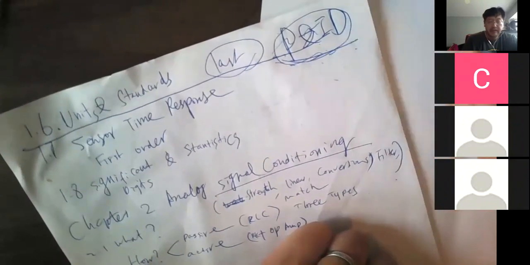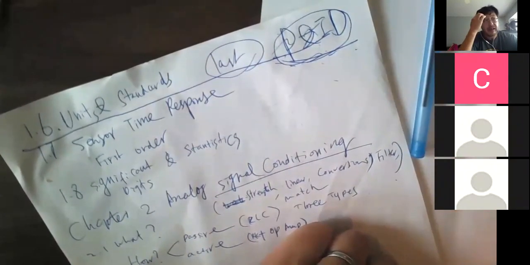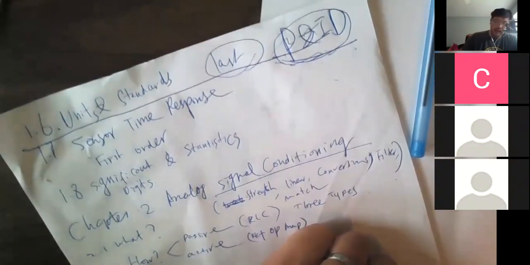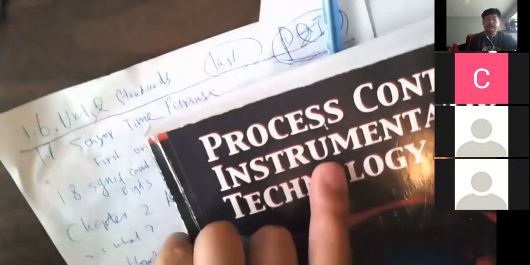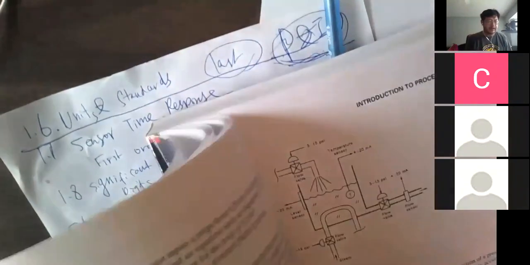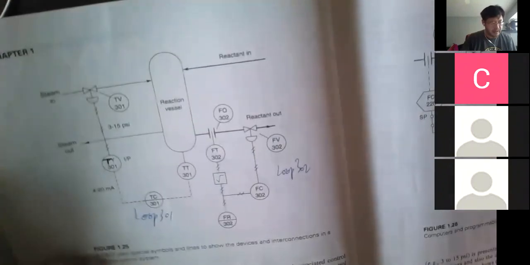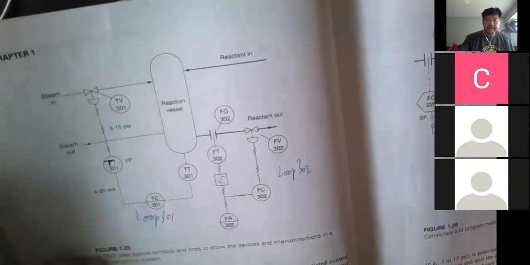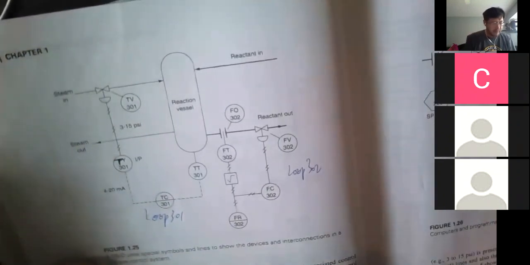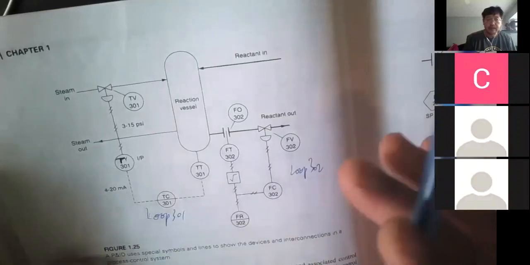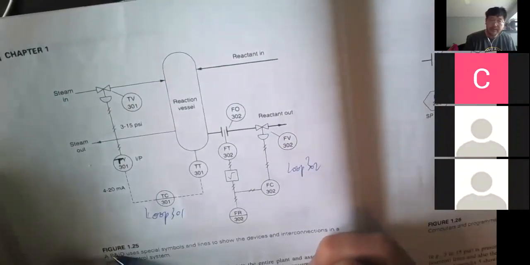This P and ID is the most common diagram when we want to share our design. So when you complete a design in process control, you communicate with your peers using this diagram. This is one example of a P and ID diagram. It came from the old terminology, like 80 years ago, because at that time process control was all about the piping.